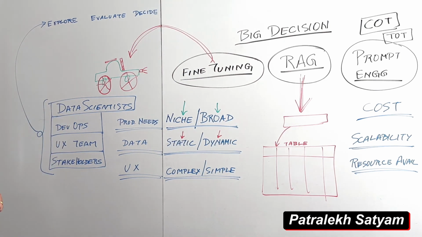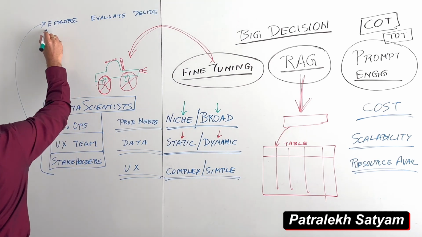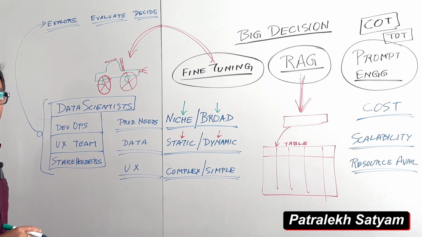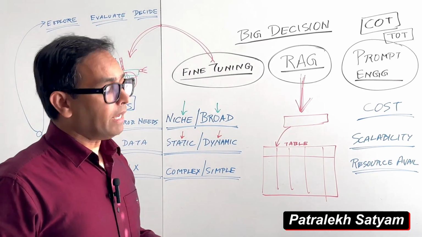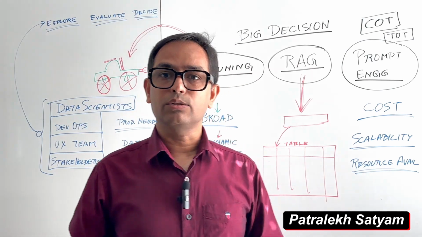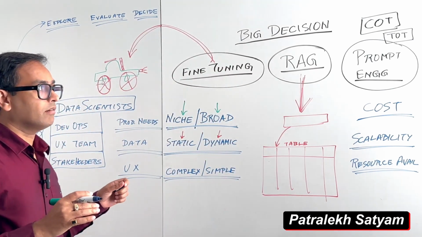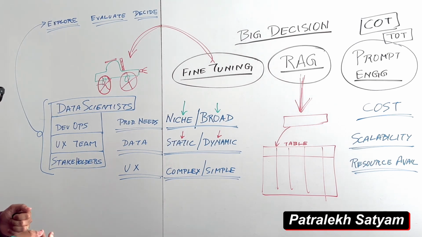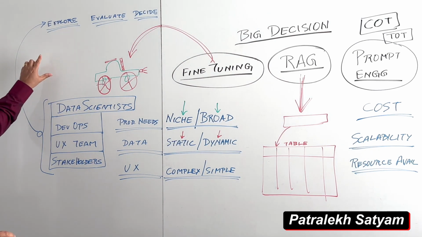You explore, you evaluate multiple models, multiple approaches, and then you decide how your solution is going to look like, right? So that is the process you will be following. Now, to make that decision, what all things do you need, right? And how should you document it? So what you will be doing is, let me try to write it here.